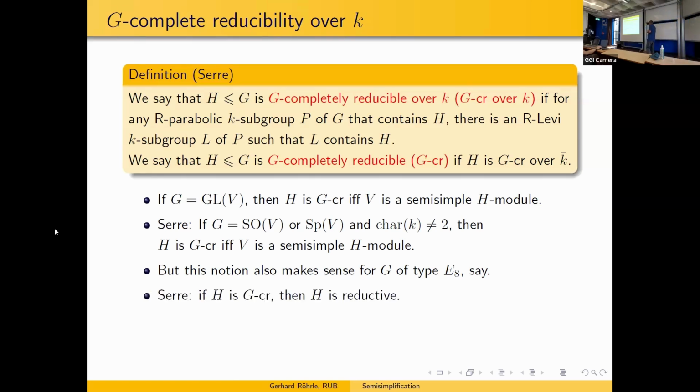So we've already observed, when Mike talked about this on Wednesday, what kind of groups these GCR subgroups are. You never leave this nice class of reductive groups. Sarah's already observed that if you have a subgroup which is GCR, then it's reductive. But not the other way around.